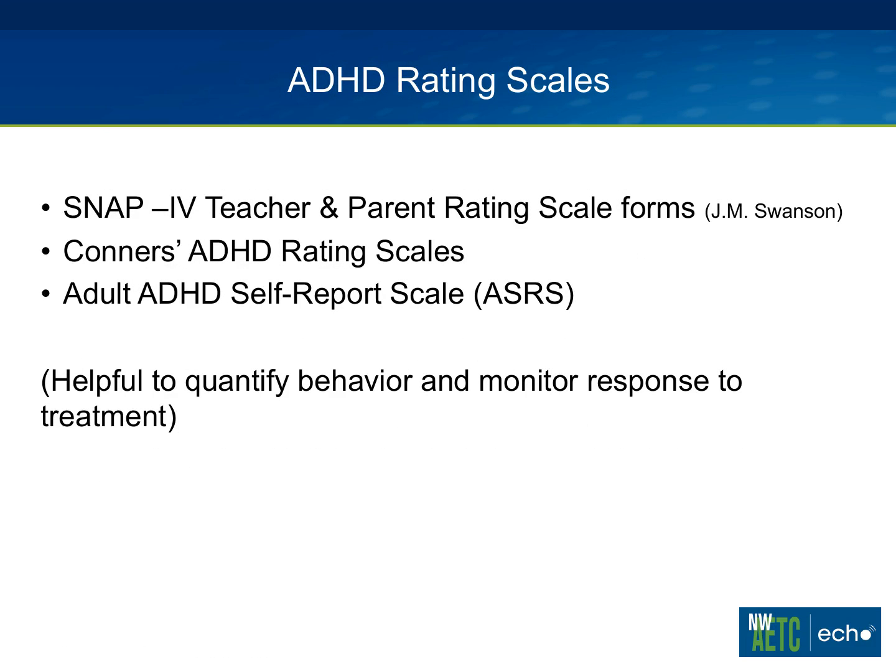There are several different ADHD scales out there. The adult ADHD self-report scale is probably the most common one. We don't use this to diagnose ADHD. What we use this for is to quantify the behavior and monitor response to treatment.